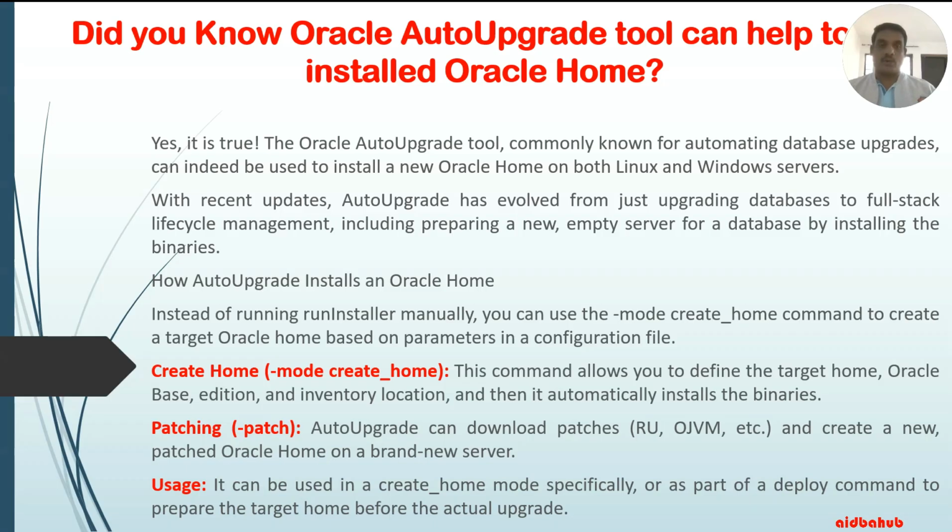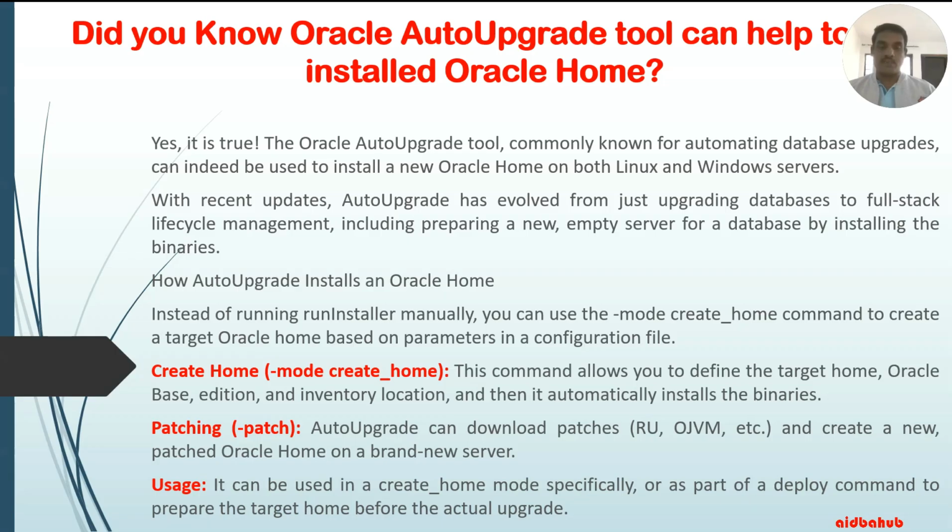How Auto Upgrade installs an Oracle home. Instead of running runInstaller manually, you can use the -mode create_home command to create a target Oracle home based on the parameters in a configuration file. Create a home: -mode create_home. This command allows you to define the target home, Oracle base, edition, and inventory location, and then automatically install the binaries.